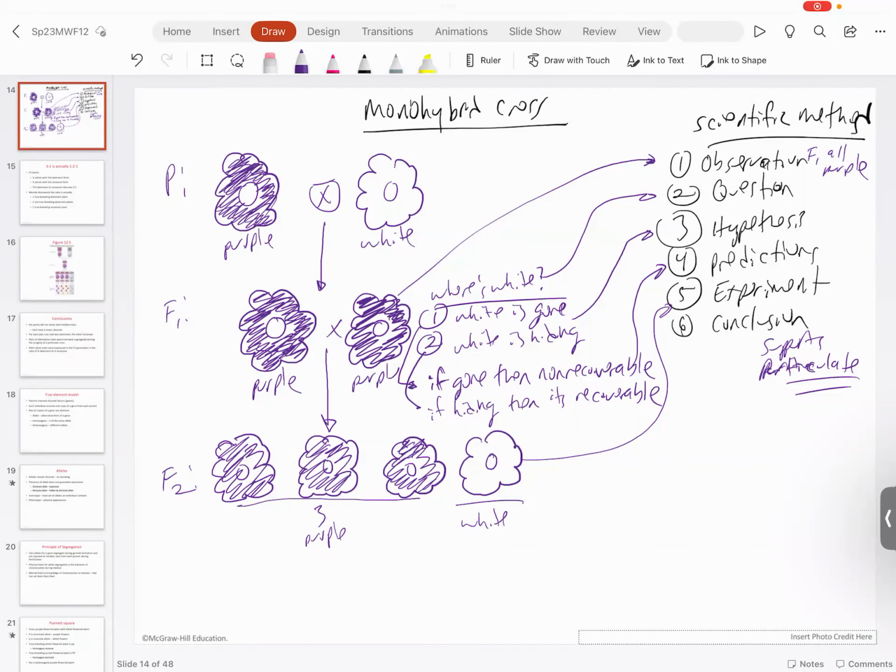Now, in the 20th century, we still use the scientific method, but there's bits and pieces of it we omit, and some of them we short circuit a little bit, and we'll use some pieces and not others. But for the most part, this is the best example of the full-fledged process of the scientific method.